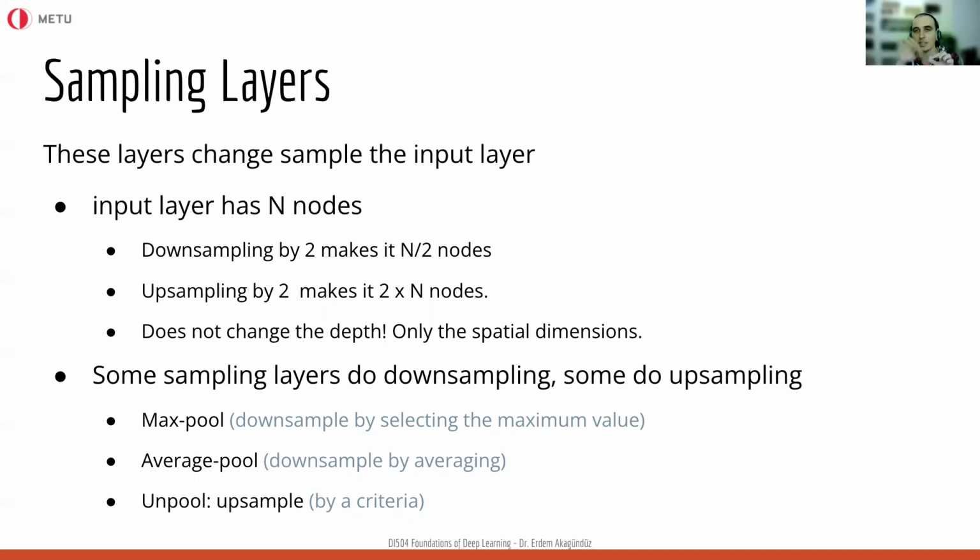When you're downsampling or upsampling it, you may want to apply different values to each dimension, because the pixels of a spectrogram are not necessarily square: one dimension is time, the other is frequency, which are not directly related. So it depends on the type of signal how you are going to do it. But whatever you do, the sampling layers do sampling on the spatial dimensions, not the depth.